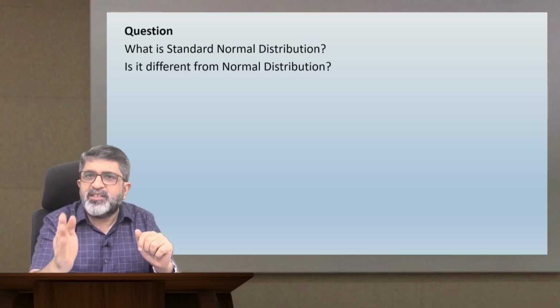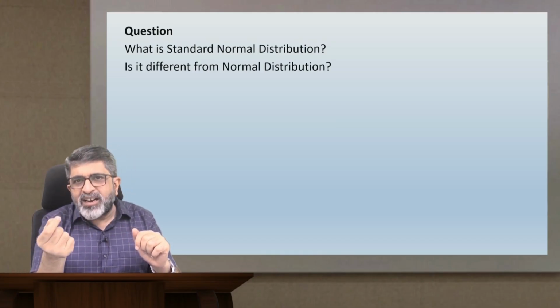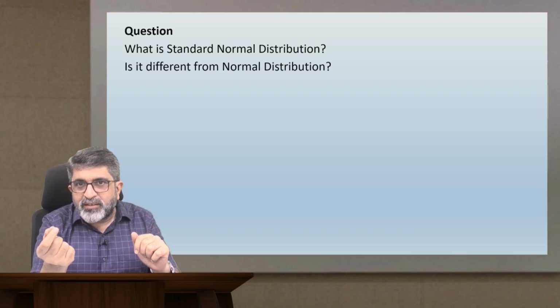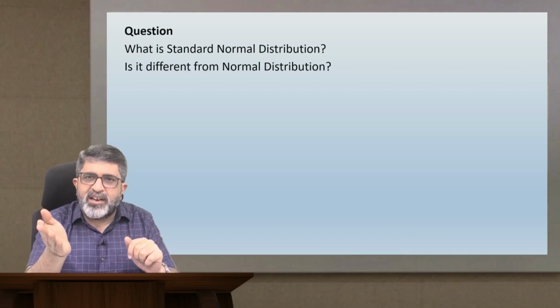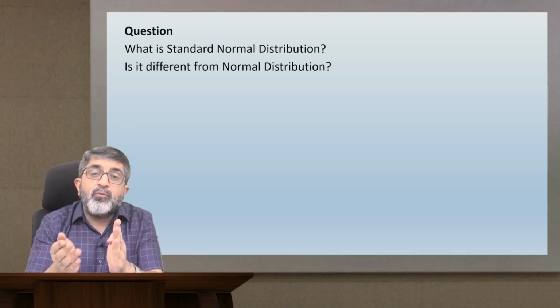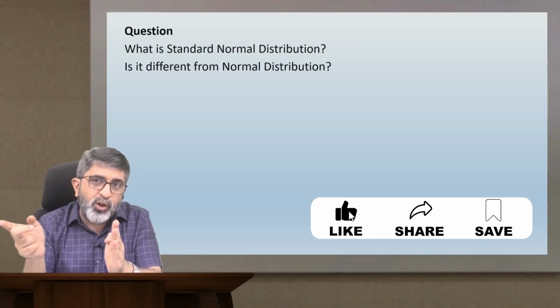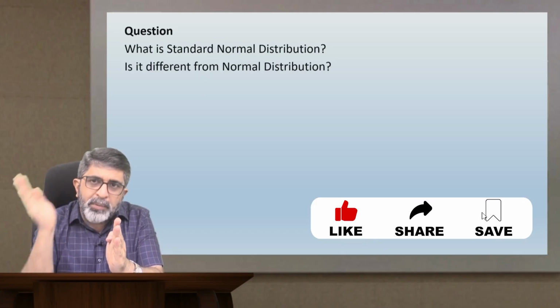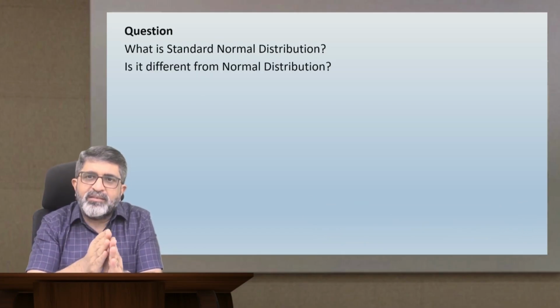Because 50 marks is the mean in our example. And if the standard deviation is 10 marks, what comes after the mean with one standard deviation? Mean plus one standard deviation will put you at the 60 marks range. Why? Because the mean is 50 marks plus 1 times standard deviation means 50 plus 10, 60.